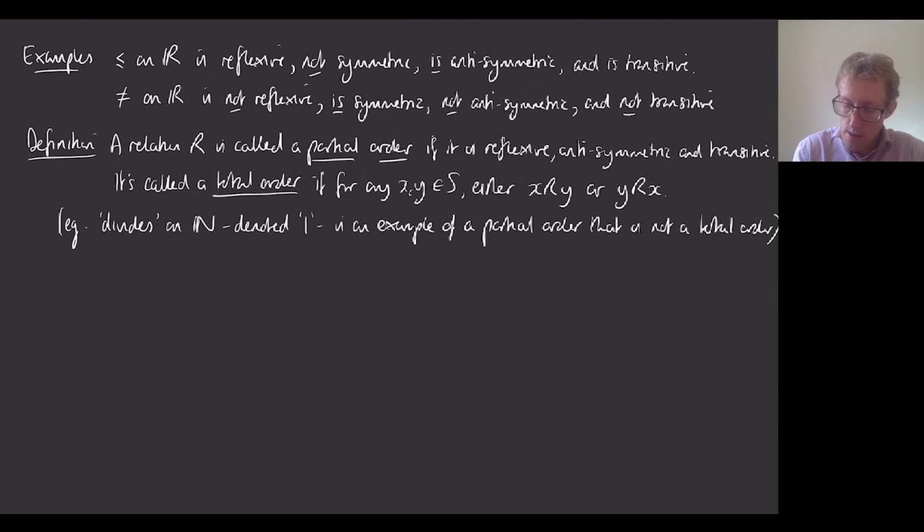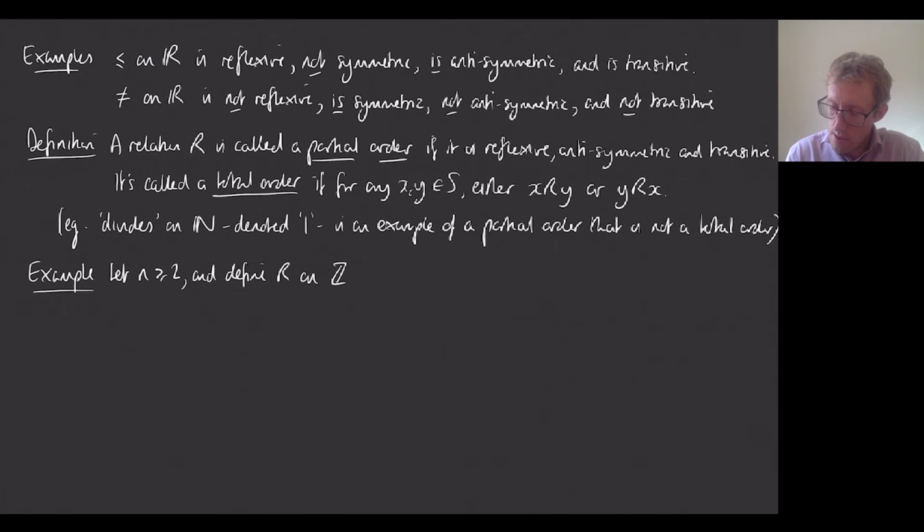I want to give another example, which is going to lead me on to talking about equivalence relations. This is another example of a relation, and it may be one that you've seen before. I'm going to let n be greater than or equal to 2 and define a relation R on the set of integers Z by saying that A is related to B if and only if B minus A is a multiple of n.